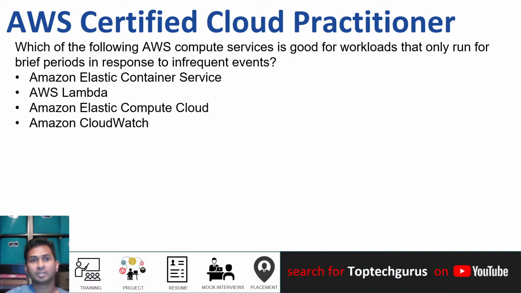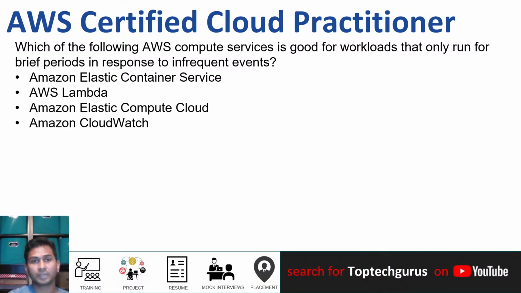Or you can set up an API gateway, so only when somebody calls the API gateway does it run on Lambda, but I think that's not what the question is asking for. They're asking about infrequent events. So AWS Lambda seems to be a good option.